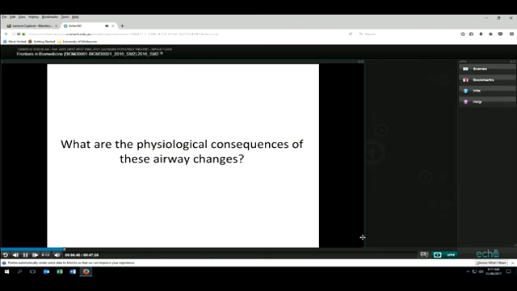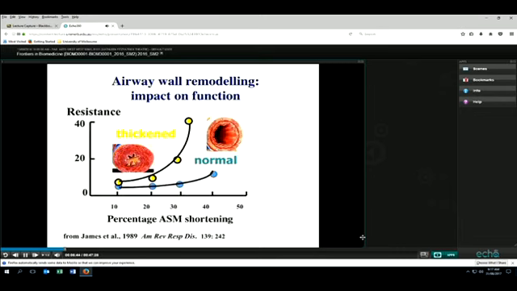So it's easy to see on the next slide why narrowed airways cause symptoms, and this relates to Poiseuille's law of flow through a tube. So if we reduce the diameter or the radius of a tube, so in this case obviously the airway, then resistance to airflow goes up by a factor of 4 in relation to shortening of the radius of the lumen.